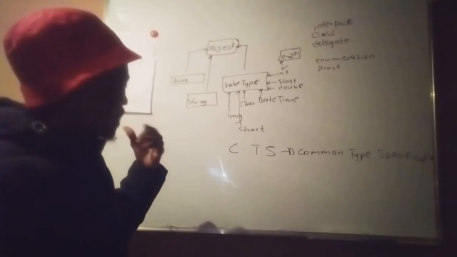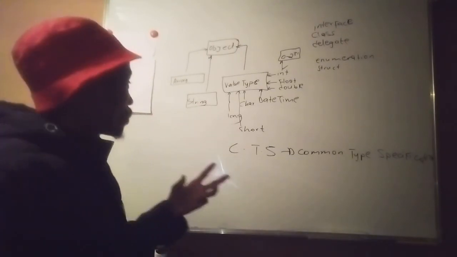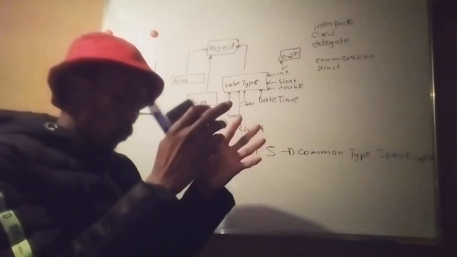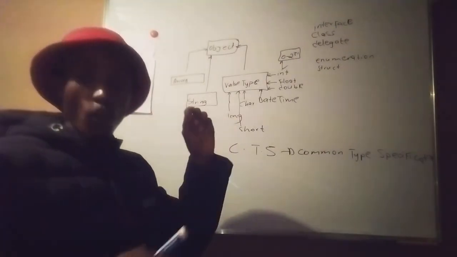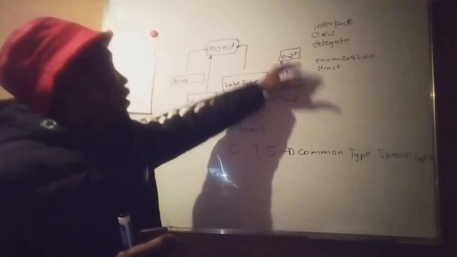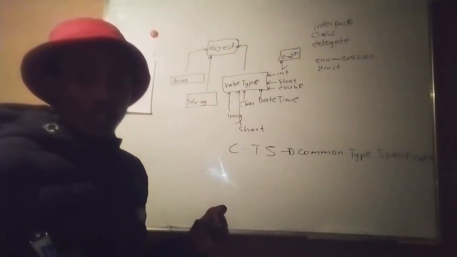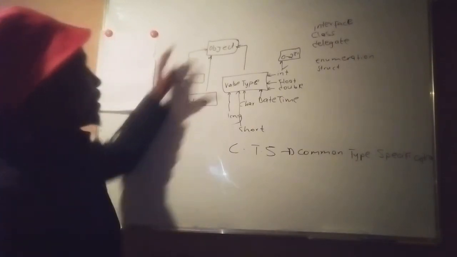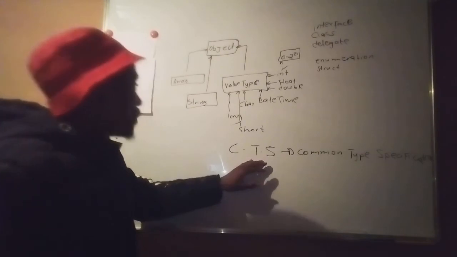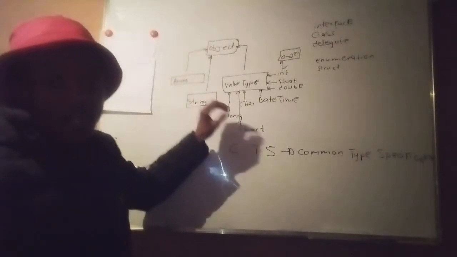The types also hold the maximum and minimum values for that data type, so that if you try to assign anything outside the minimum and maximum, the compiler can let you know. Does that make sense? So basically, all these types are described under the CTS rules. There are a whole lot of types in the CTS, but these are the most common ones and the simplest ones.